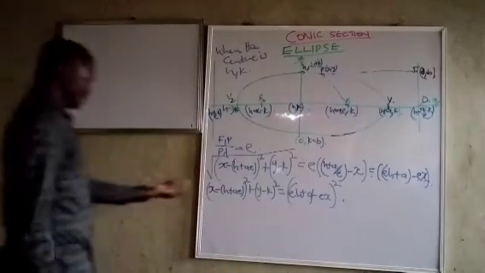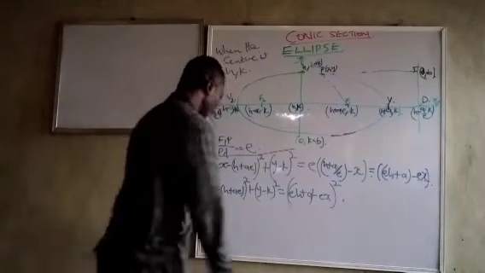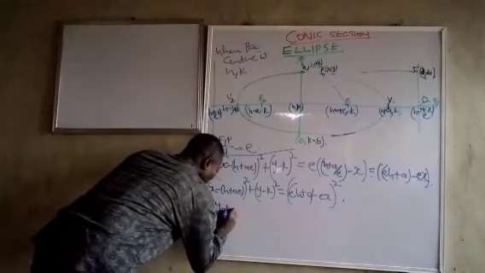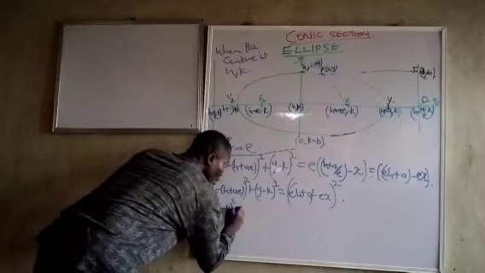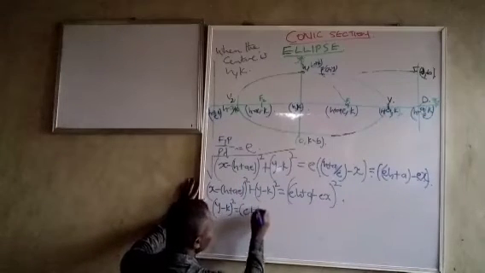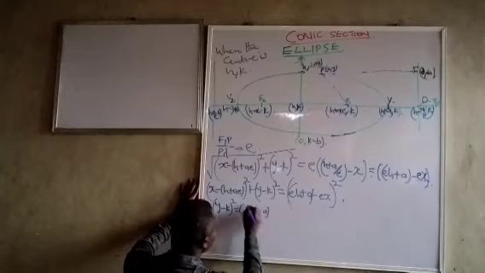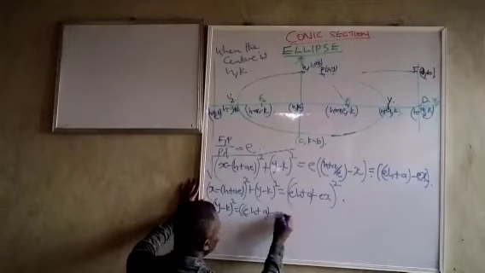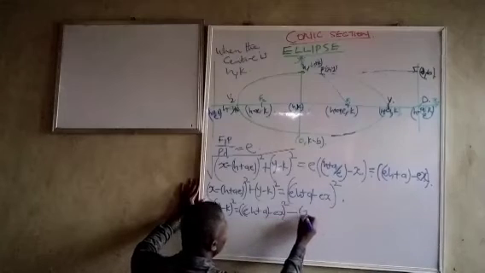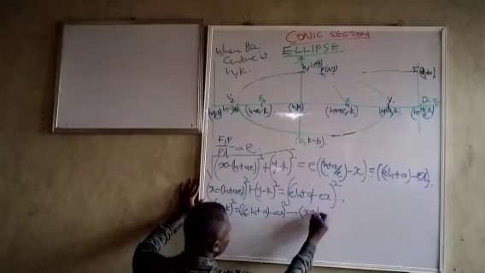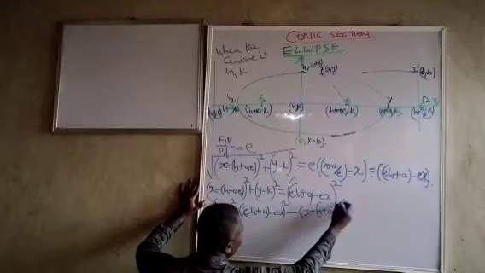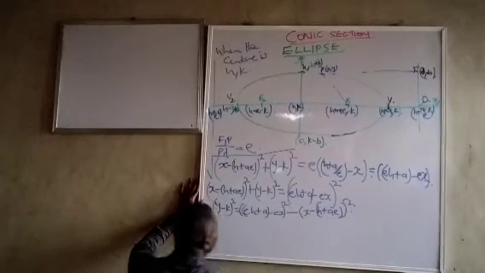Now let's subtract this one from both sides, just like we did the other time. So we are going to have y minus k squared giving us eh plus a minus ex squared minus x minus (h plus ae) all squared.